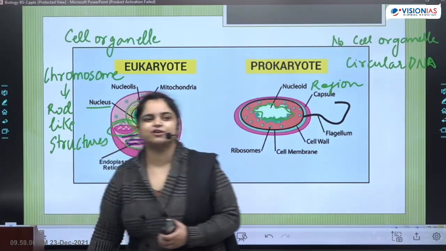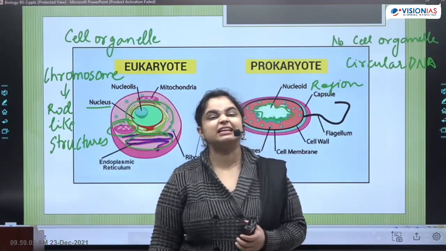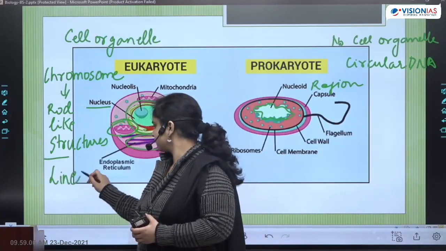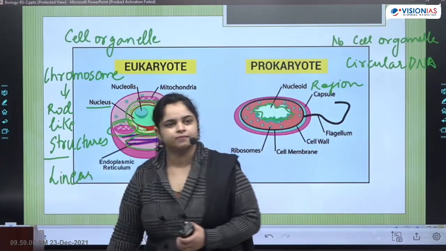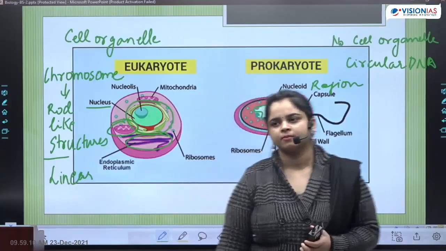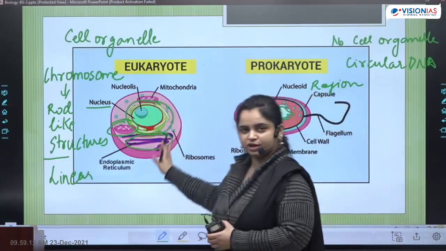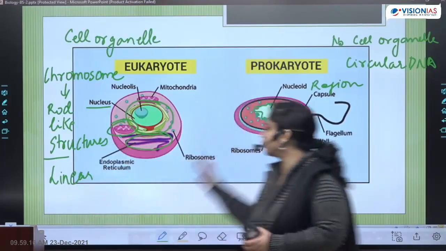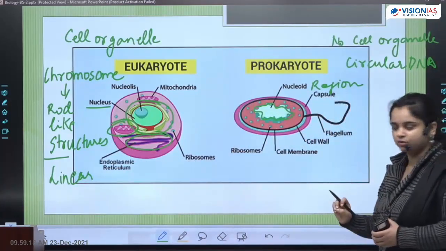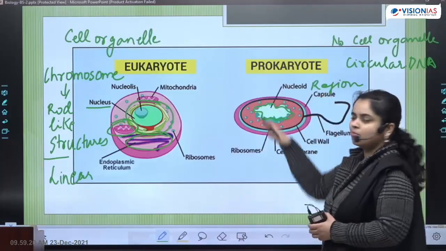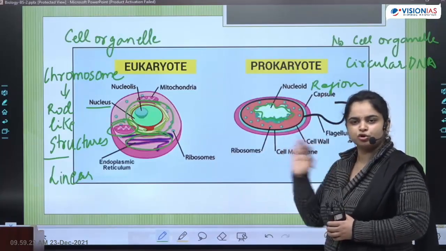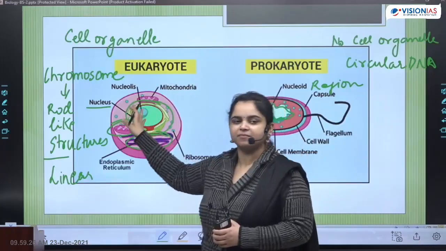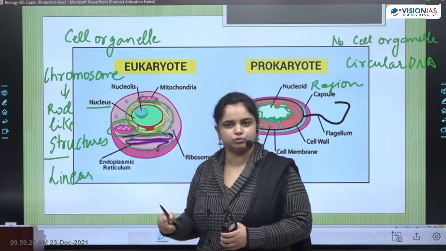So when we say rod-like, that means this will be linear. Okay. So in eukaryotic organisms, DNA is linear. In prokaryotic, DNA is circular. Here, no membrane, no covering, no nucleus. In eukaryotes, a nucleus, a proper membrane, and inside that you have chromosomes.